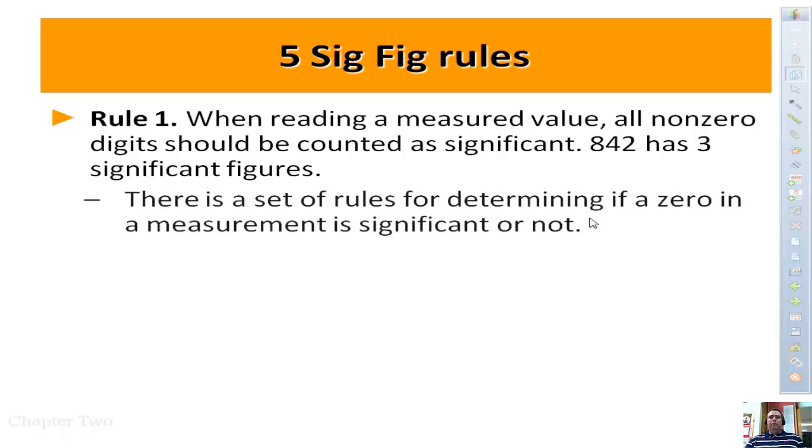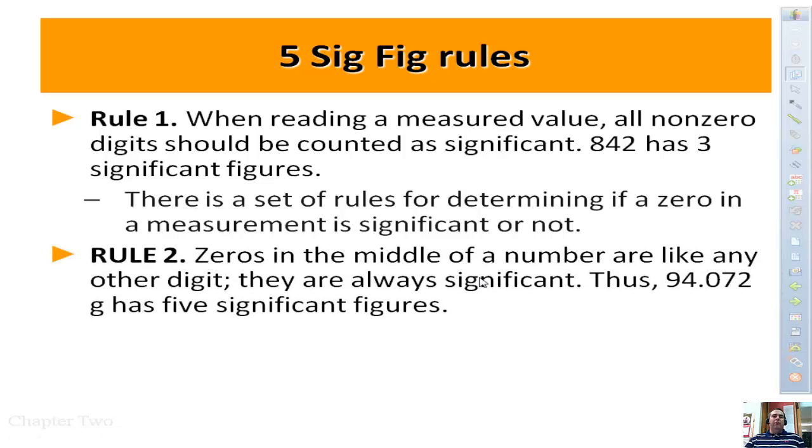There is a set of rules for determining if a 0 in a measurement is significant or not. And that's what really the rest of the rules do, is they deal with 0 numbers. Zeros that are in the middle. I call this one my sandwich rule. Again, we're going to use rule number 1 where non-zero numbers are significant. But if a 0 is scrunched in between, it will count also.